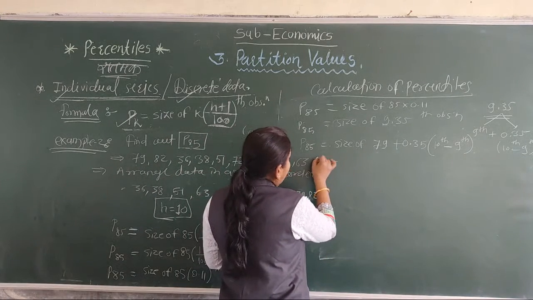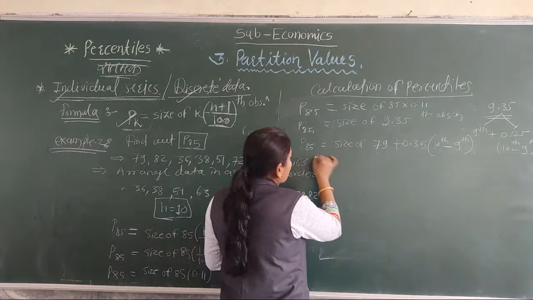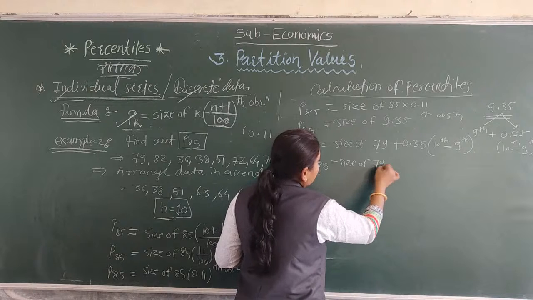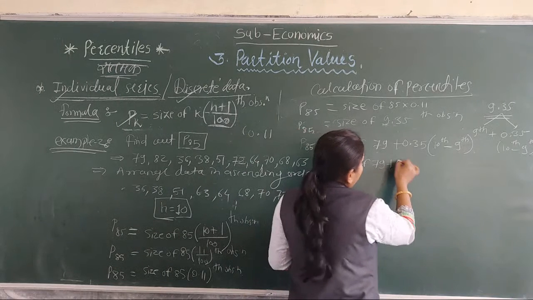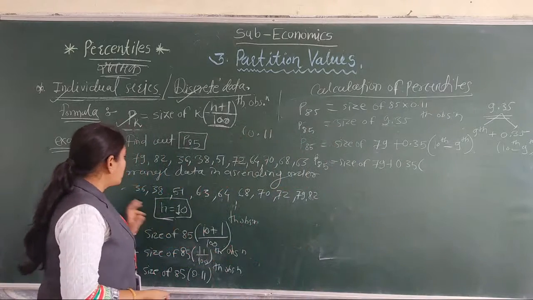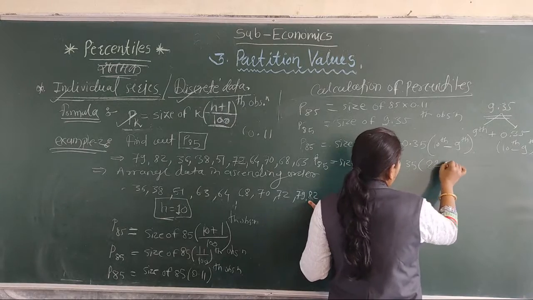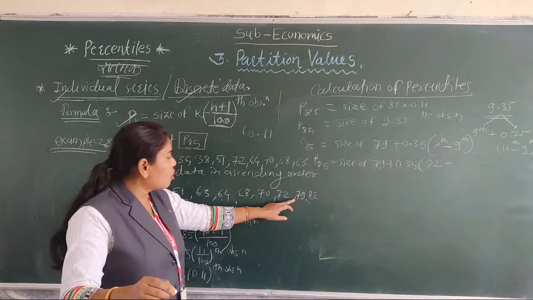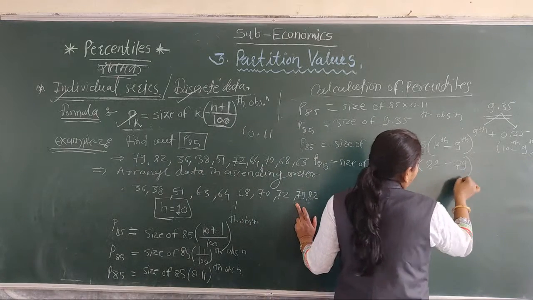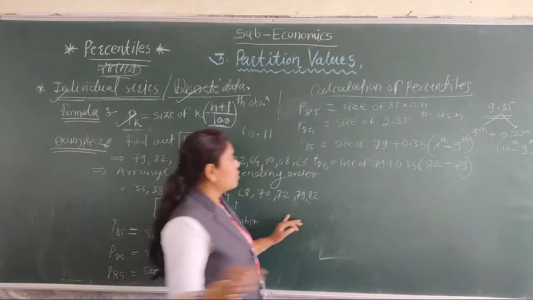Size of P85 is equal to size of 79 plus 0.35. The 10th observation in this series is 82, minus the 9th observation in this series, 79. Okay.